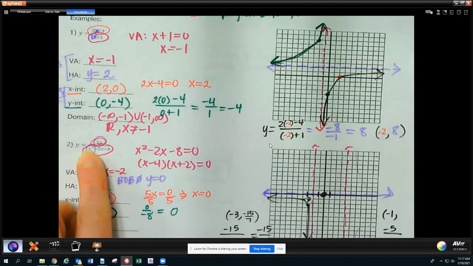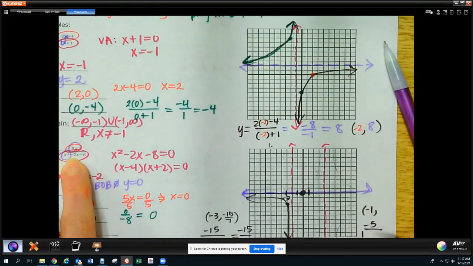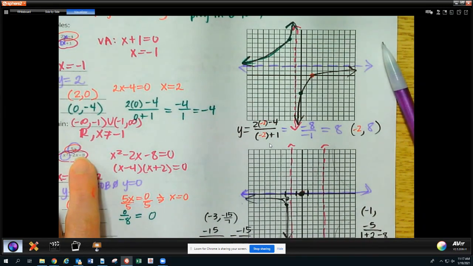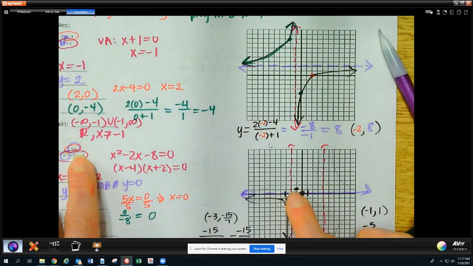And then on bottom, -1 squared is 1. And then minus, we have -2 times negative, which is +2, and -8, which would be -5 over -5, which is +1. So -1, 1. It's a nice point to graph.